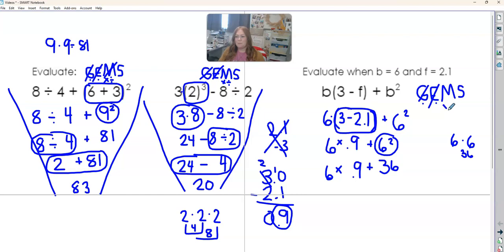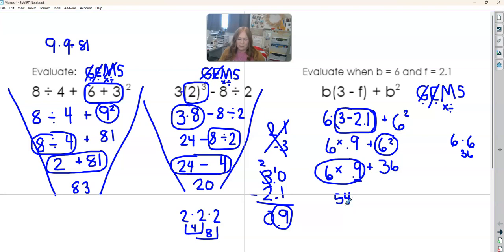My E is done. So we are on the multiply and divide level. So starting from the left, working over, oh, there we have a multiply. So I need to do 6 times 9. So 6 times 9 is 54, and we have one decimal place.